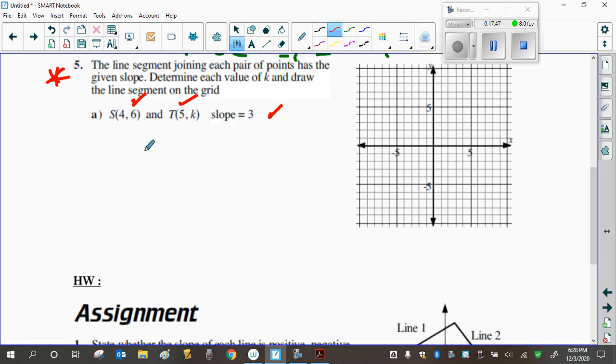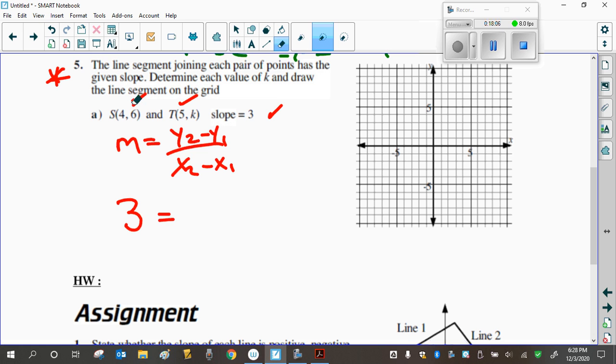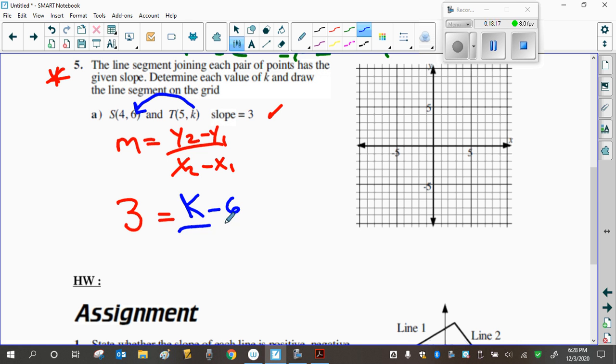So slope equals, this is the formula we're using, y2 subtract y1, all divided by x2 subtract x1. The slope is 3. So instead of finding it, we're just going to sub it in, m equals 3. And now we do our y2 and y1 thing. So y2, k subtract 6 looks weird, but that's the formula.